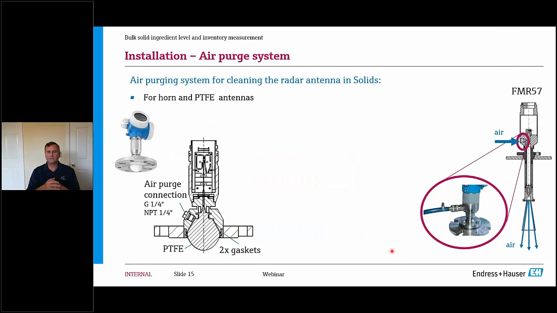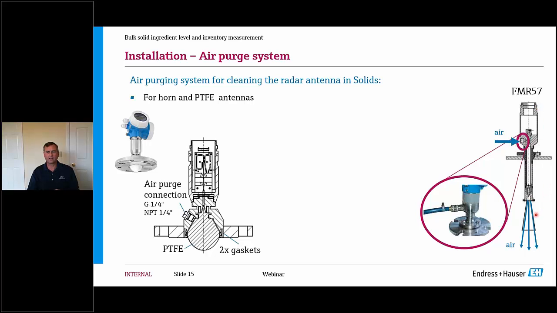Now, talking about cleaning antennas, clearly that's potentially manual labor, and you want to minimize or avoid that as much as possible, which is also why there is a possibility to do air purge. If you have a traditional antenna, then you attach compressed air to it, and when the diagnostic tells you that you have build-up, then you do an air purge on it.